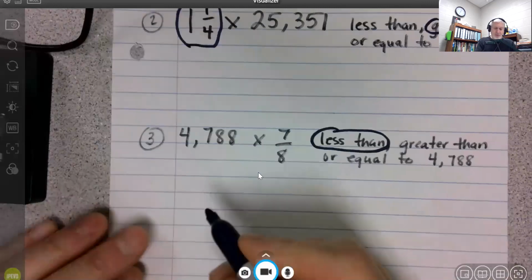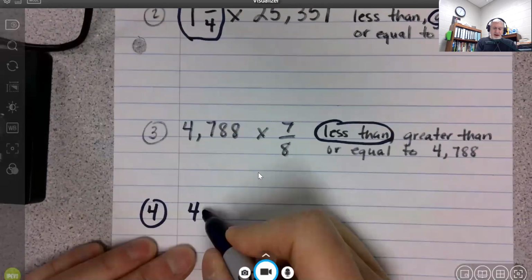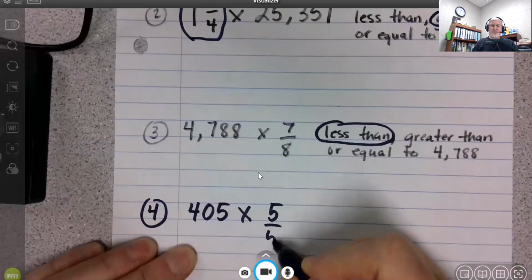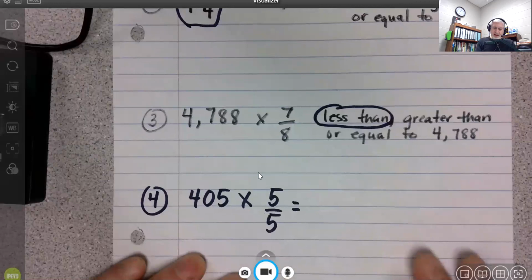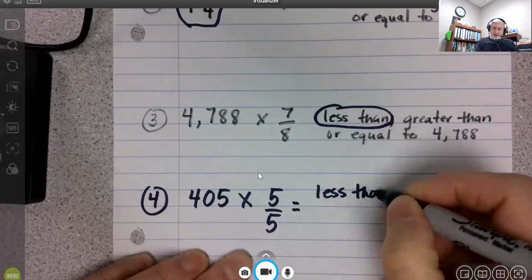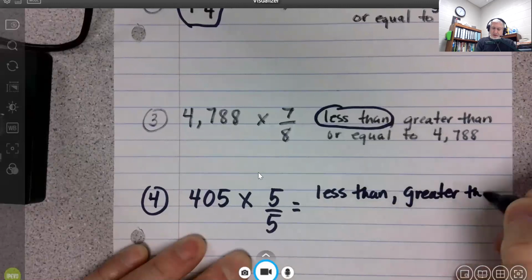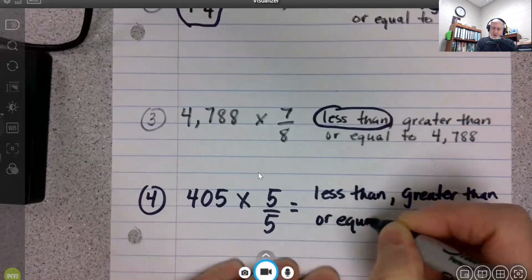And I'm going to add one more to it. I'm going to have the number 405 times 5/5. So I'm going to say, is it less than, greater than, or equal to 405?